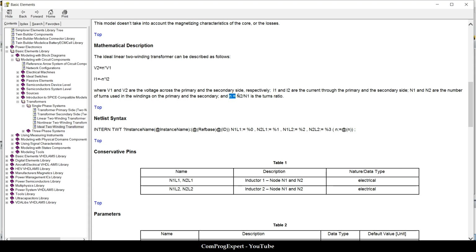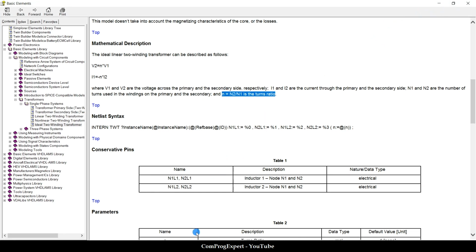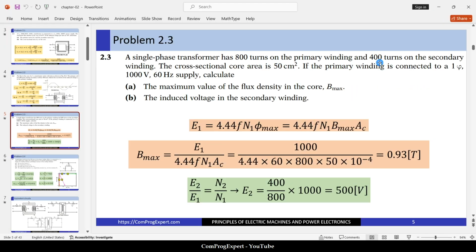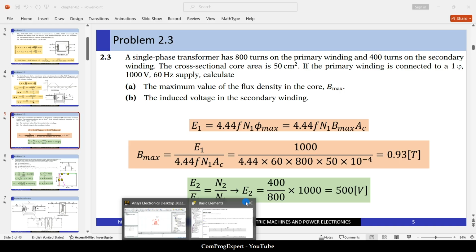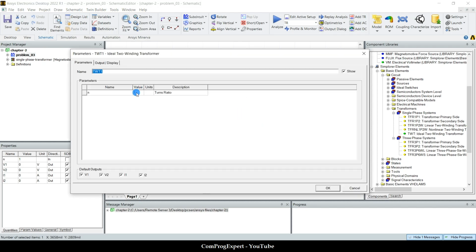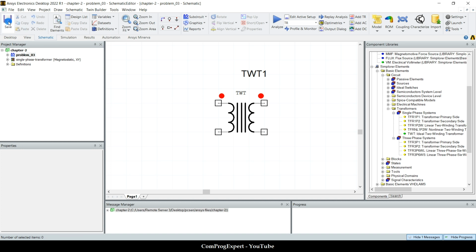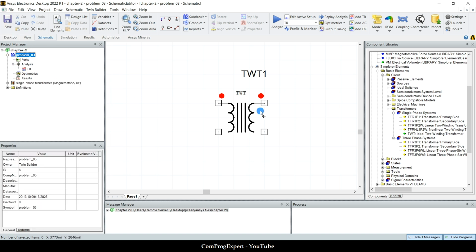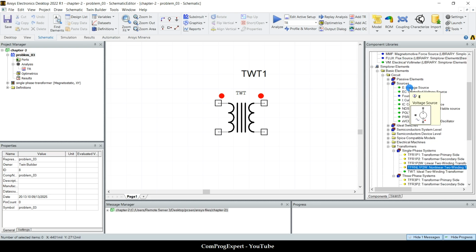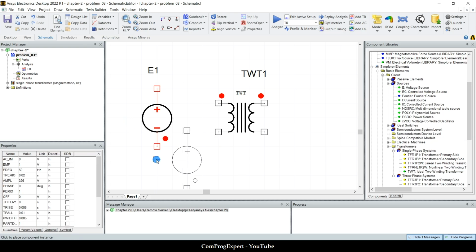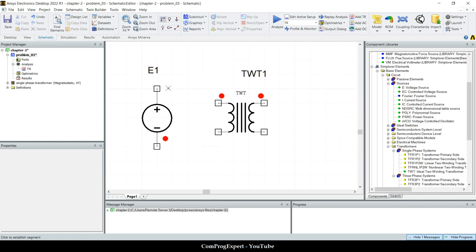This parameter here is the turns ratio. In our example in the problem, the N2 is 400 and N1 is 800. So the value of the turns ratio is 0.5 in our case. Save. I'm going to connect the primary side to a voltage source, this one.